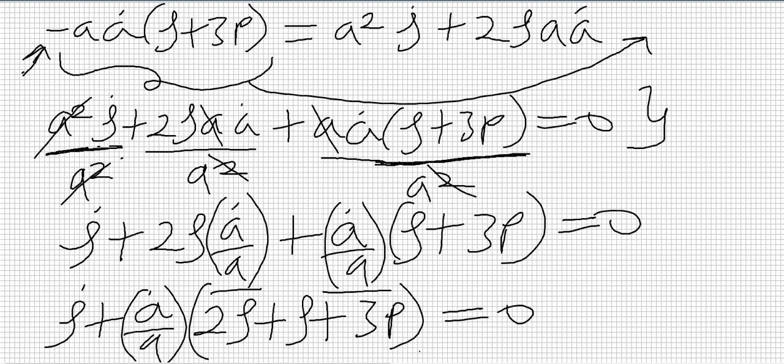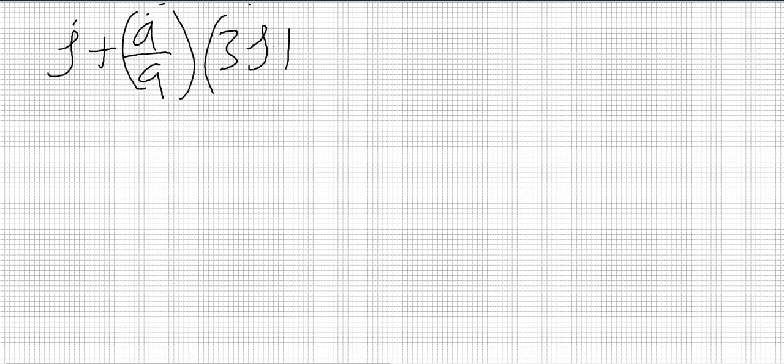And looking at the simpler equation now, when you look at the terms in this bracket, you see that 2 rho plus rho is equal to 3 rho. And the equation comes down to rho dot plus a dot on a into 3 rho plus 3p equal to 0.